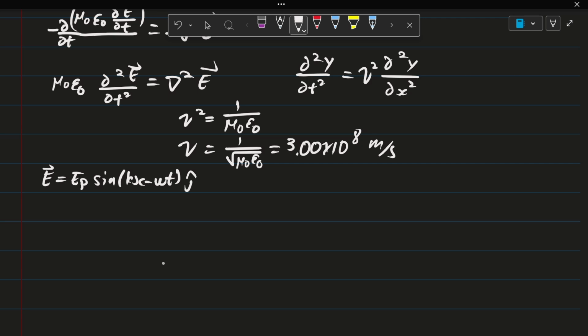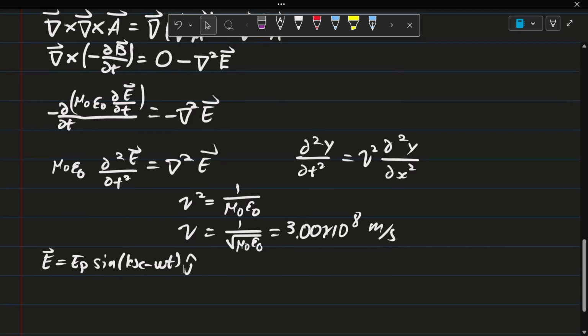So what this means is that you would have a plane wave that is propagating in the x direction with its electric field pointing in the y direction. So this is a transverse wave. So let's just try to put it into our equations, and if you try to solve the entire Maxwell's equations, it should all make sense.